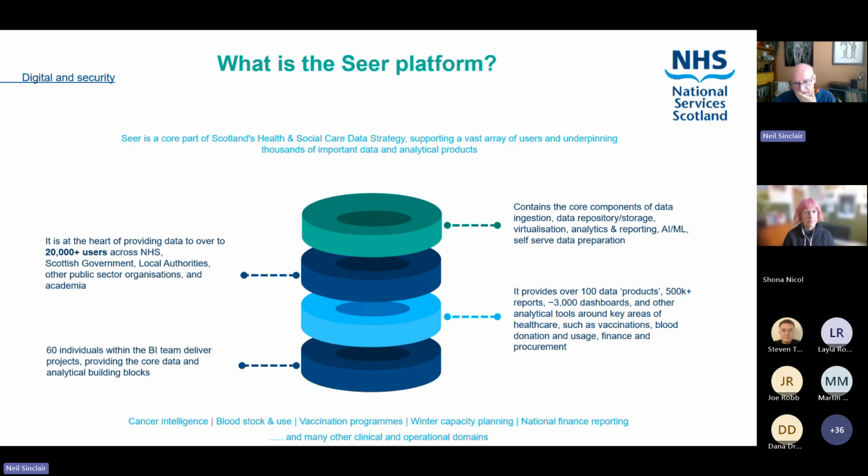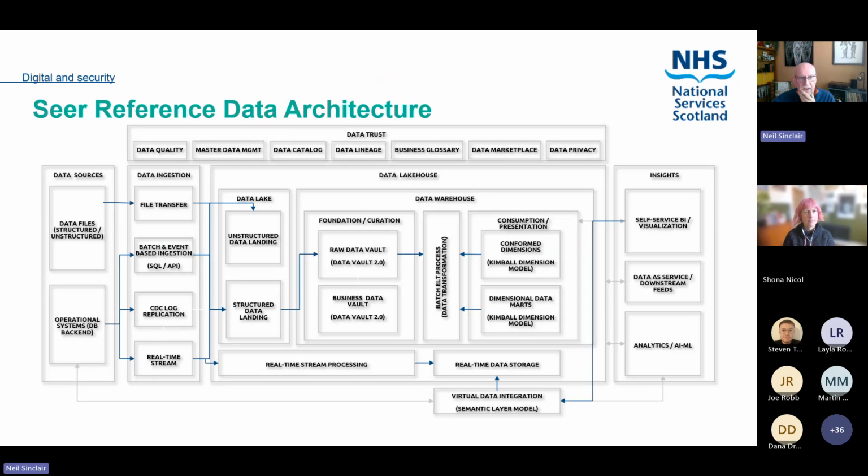So let's have a look at the Seer architecture, starting with a high-level view. This is our long-term reference architecture, the capability view that guides how we design and deliver Seer. It covers the full data lifecycle: ingestion, lakehouse layers, warehouse, virtual integration, consumption, and governance.